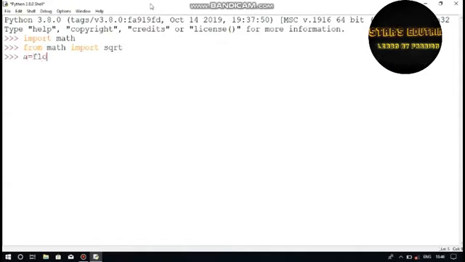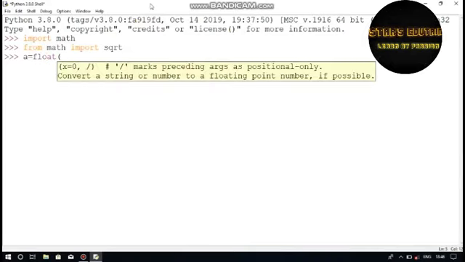Here, I want to take a as a variable of float data type in the form of input, with the text a equals.